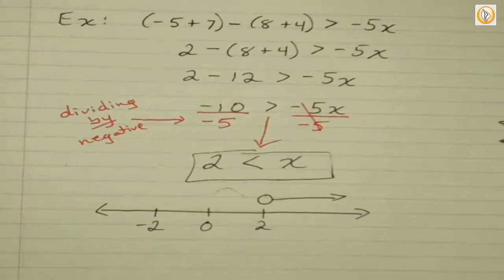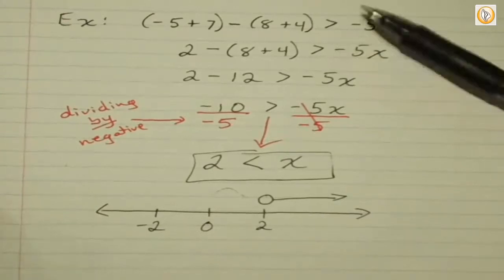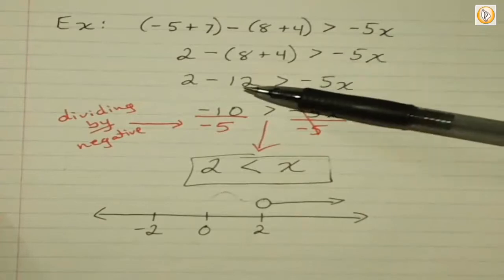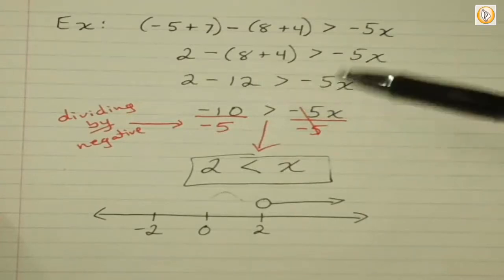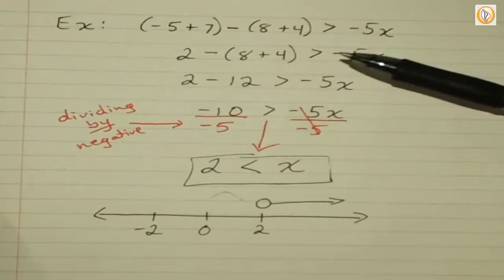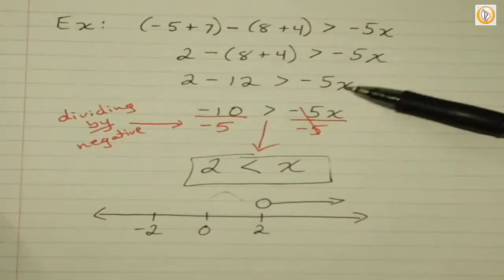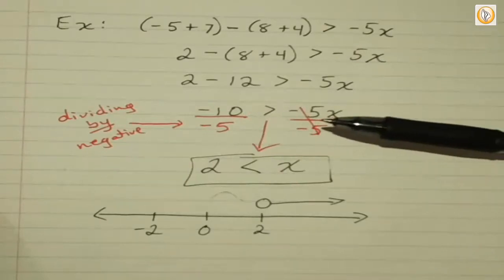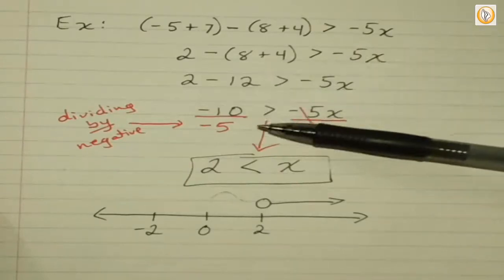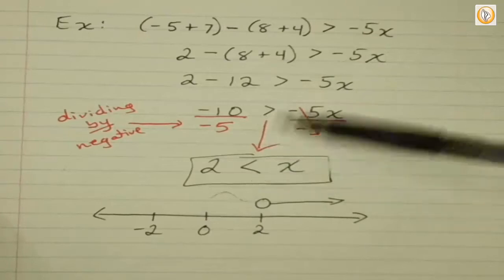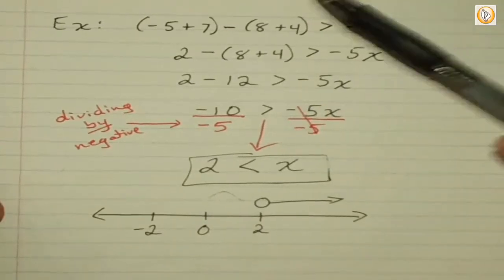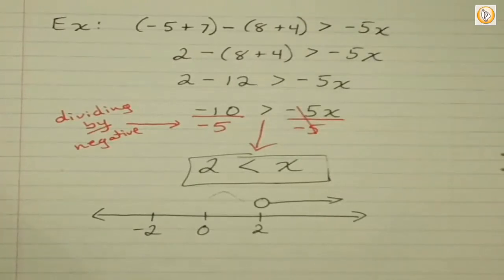Now, a common mistake with my students. They are so focused on performing each move correctly with positives and negatives and distributive properties and doing the opposite to move things back and forth that they forget sometimes to flip the sign. It happens because you're so focused on doing all this correctly.